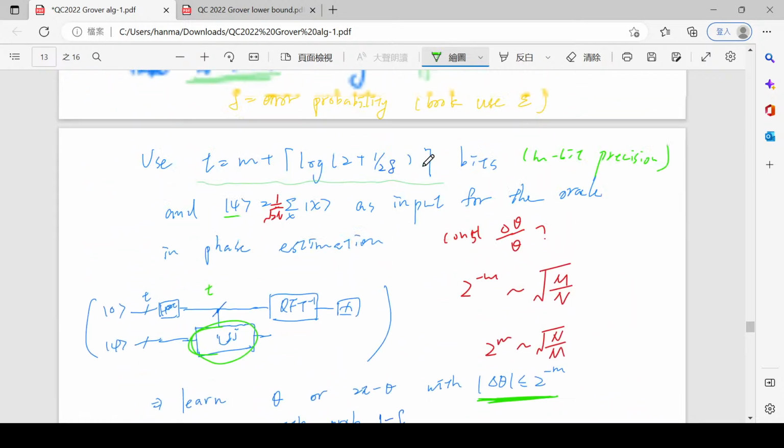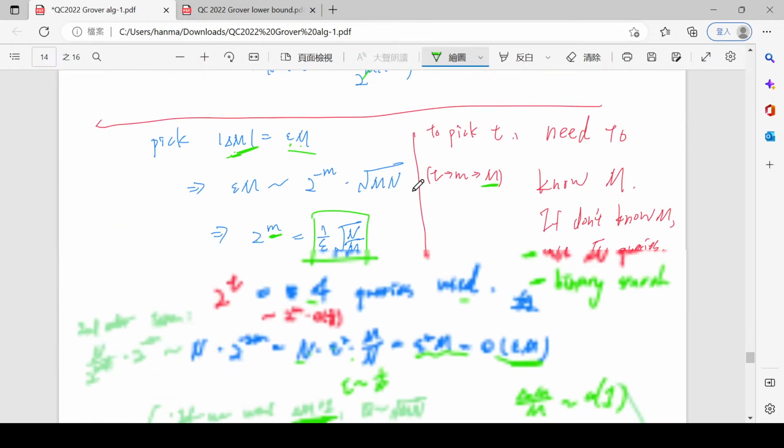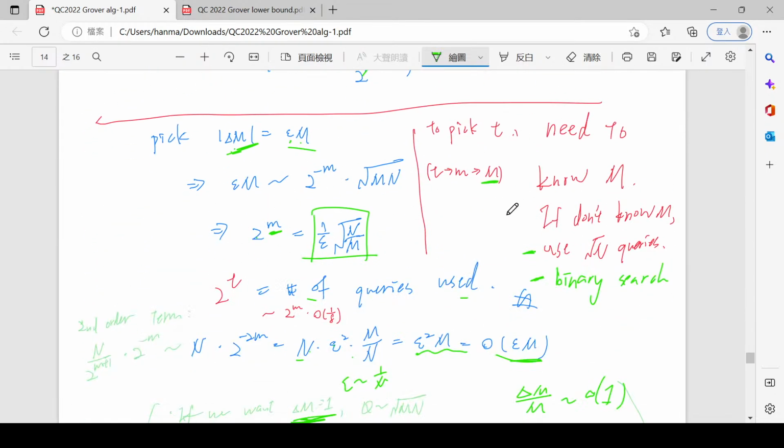Anyway, there are two things. You can do this a little worse. You can just pick m to be the worst possible, so pick m equal to 1. Then you just use all the square root of n queries, and this is what the textbook does. They say if you pick square root of n, then you will get very good precision, and that basically allows you to do everything.